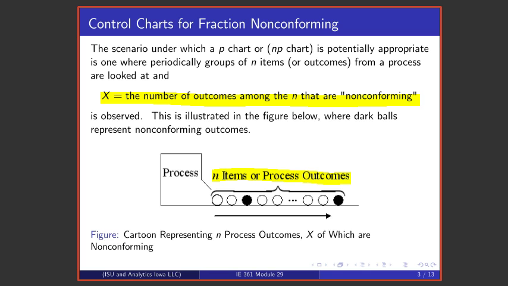Non-conforming is the more modern usage, both recognizing that sometimes things that are non-conforming are not defective in the sense of being non-functional, and so that's one reason to use this language. Another reason is simply to avoid language that has legal implications, like the word defective would.